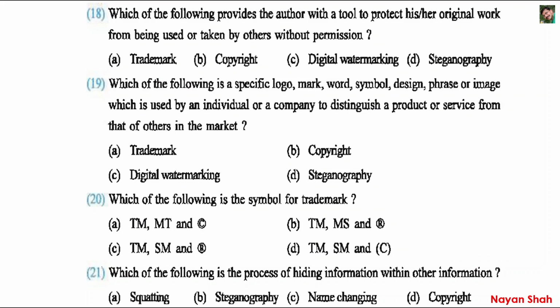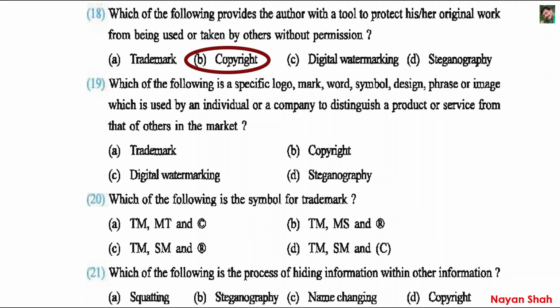Question number 18. Which of the following provides the author with a tool to protect his or her original work from being used or taken or stolen or copied by others without permission? It's a copyright.